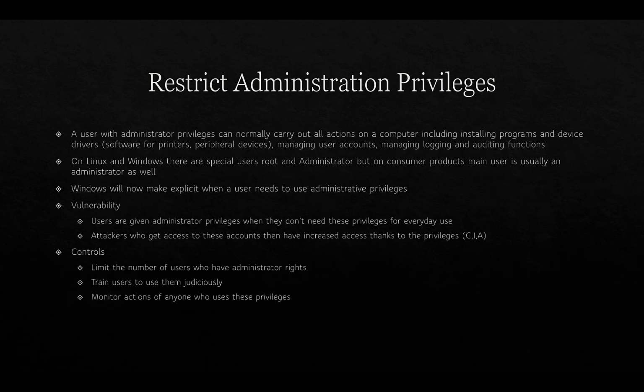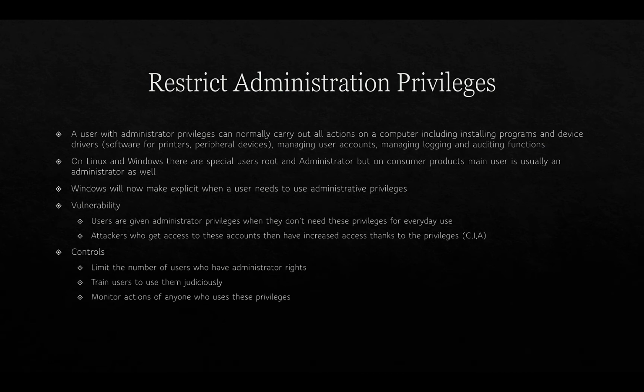So Windows will now make explicit when a user needs to use administrative privileges, so that gives you an extra warning, but of course you have to have somebody watching to be able to notice these things, and there are ways of circumventing that. So the vulnerability in this case is giving users administrator privileges when they don't need those privileges for everyday use. And attackers who get access to these accounts then have increased access thanks to those privileges.